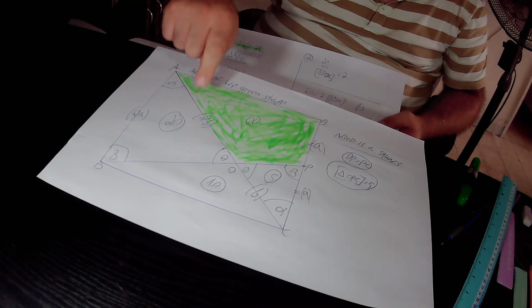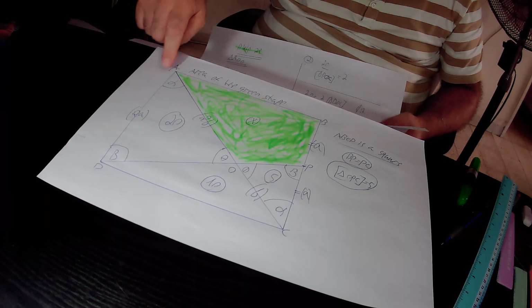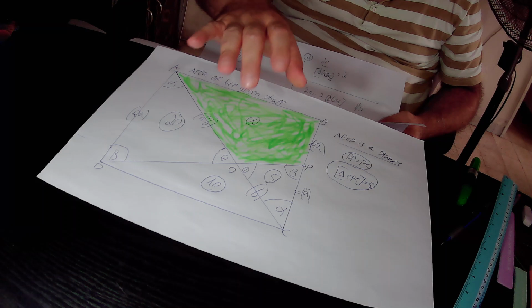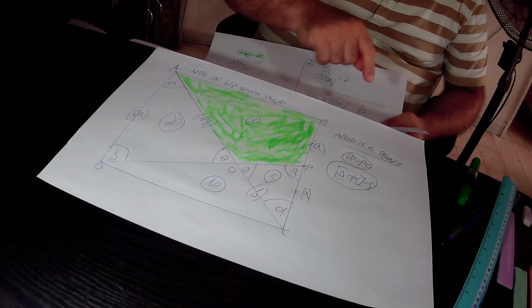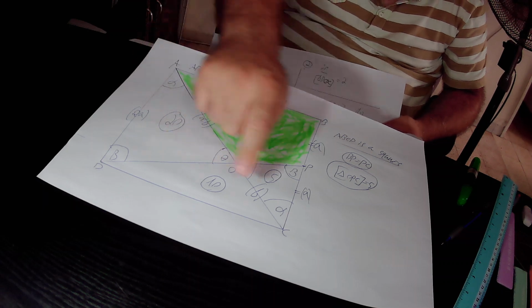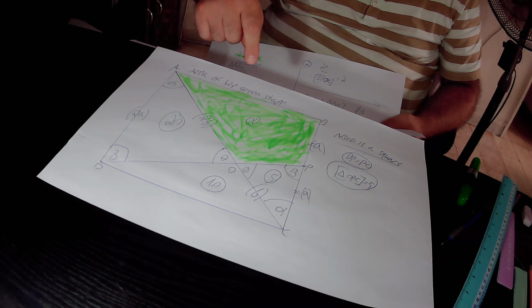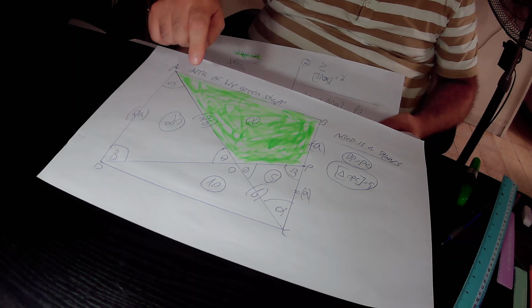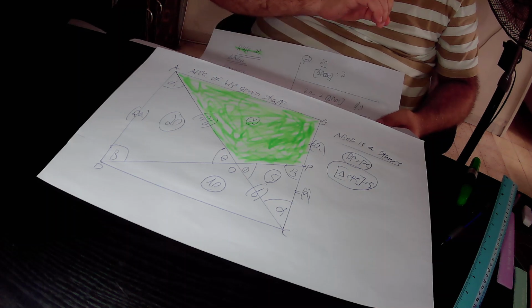The right triangle ABC is similar to triangle ADC according to the side rule. That is to say, side AB of triangle ABC equals side DC of triangle ADC. Likewise, side BC of triangle ABC is equal to side AD of triangle ADC. Why? Because it is a square and all the sides of the square are equal to each other.